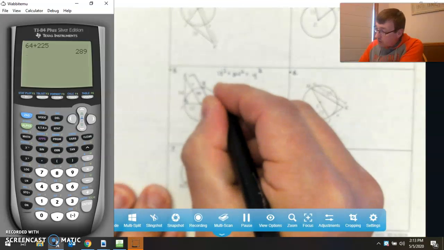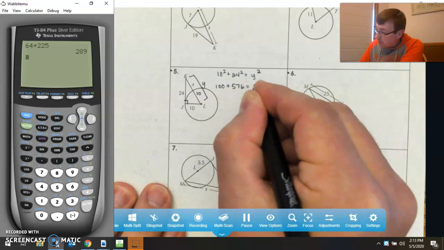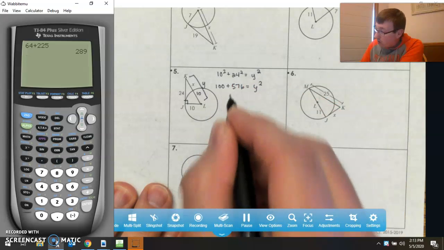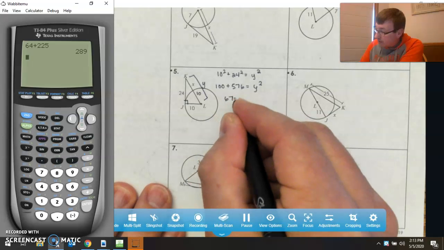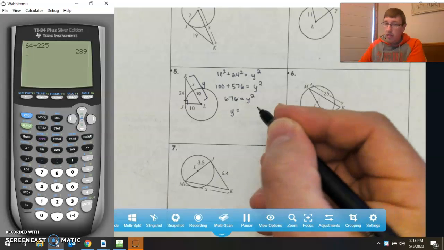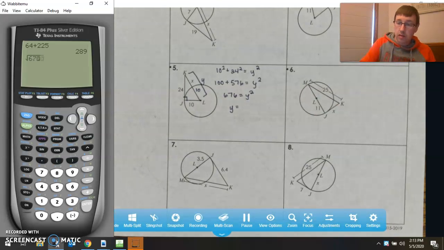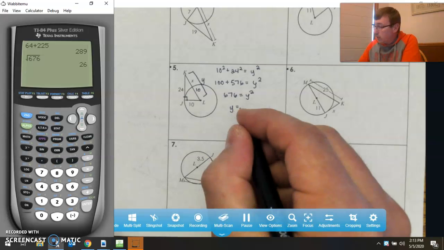Okay, 10 squared is 100. 24 squared is 576. This is equal to y squared. 100 plus 576 is 676, which means y will equal the square root of 676, which is 26.